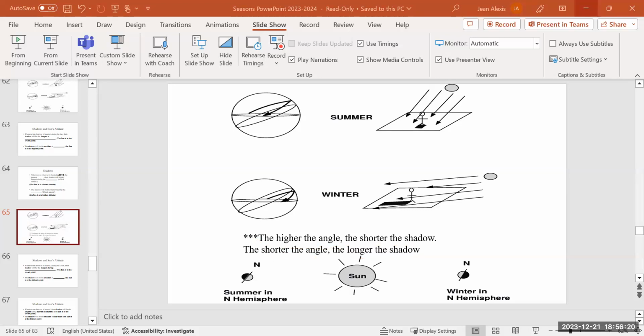So as we see here, when the sun is at a very low altitude, your shadow is very long. When the sun is at a very high altitude, your shadow is very, what, everybody? Small. All right. So remember, the higher the angle, the shorter the shadow. The lower the angle, the longer the shadow.